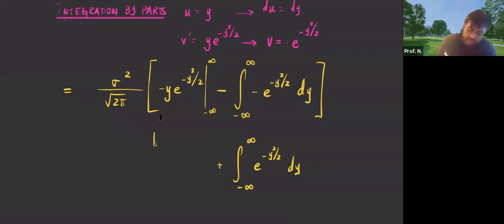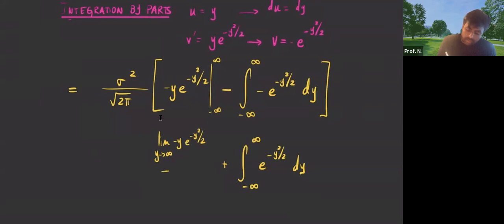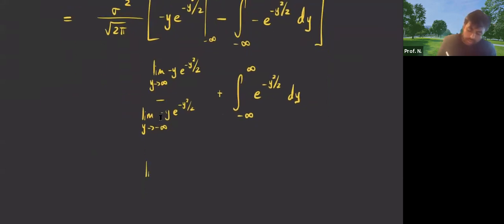This is the same thing as the limit as y goes to infinity of negative y e to the negative y squared over 2, and I'm subtracting from this the limit as y goes to negative infinity of negative y e to the negative y squared over 2. So this is one of those things, right? What is the limit as y goes to infinity of negative y e to the negative y squared over 2?